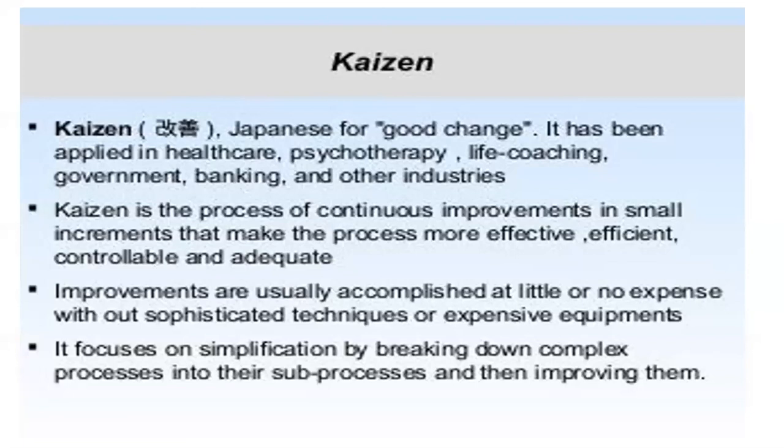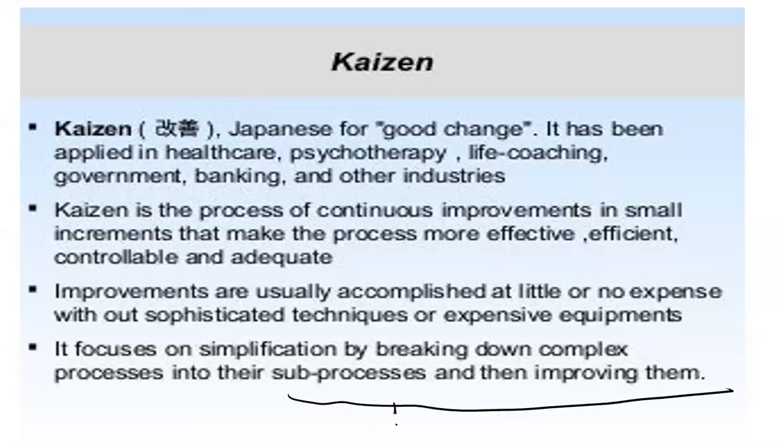Kaizen focuses on simplification by breaking down a complex process into sub-processes and then improving them. The whole process is broken down into small parts, and improvement is done in very small places. Suppose this is the entire process.